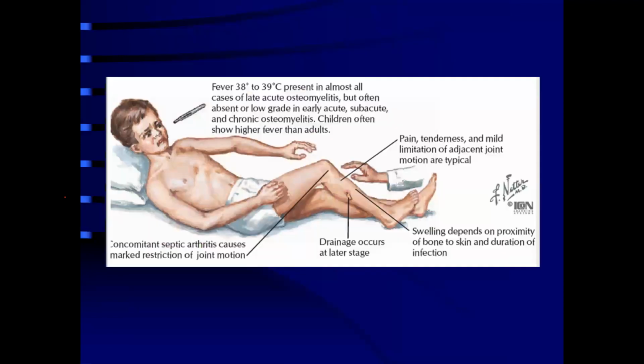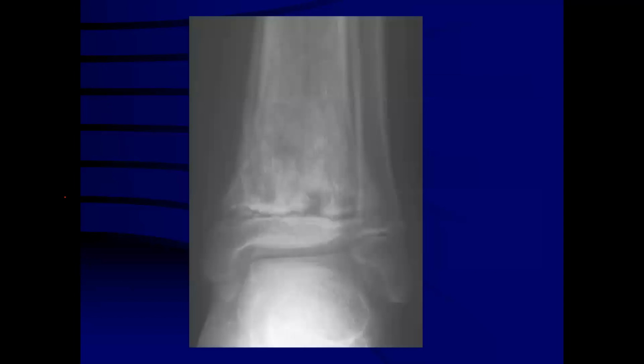You have to know how to beware of drainage, okay? You have to also be aware of a septic knee when it's flexed. You have to know whether the child has pain or sudden pain on micromotion.